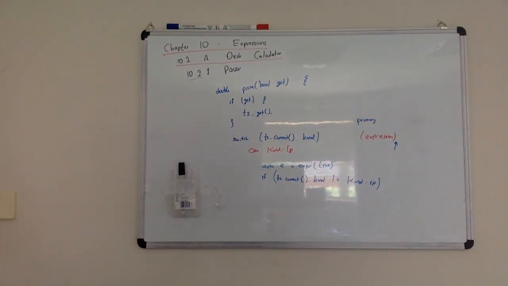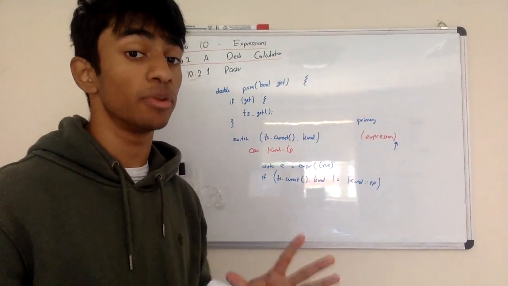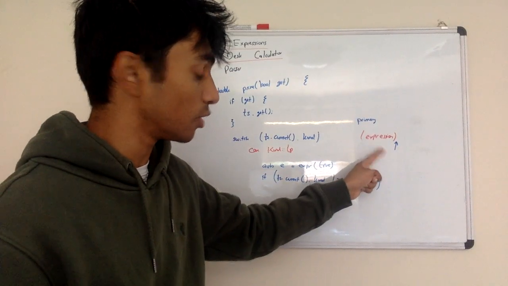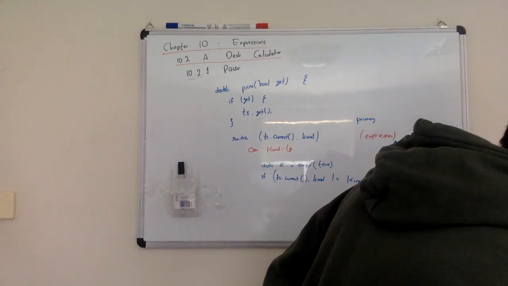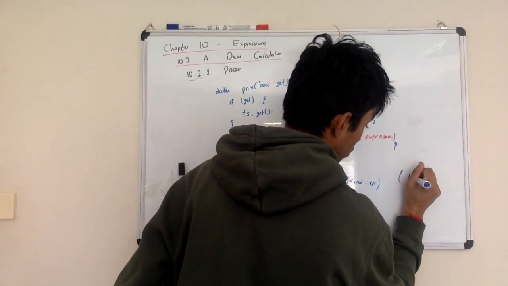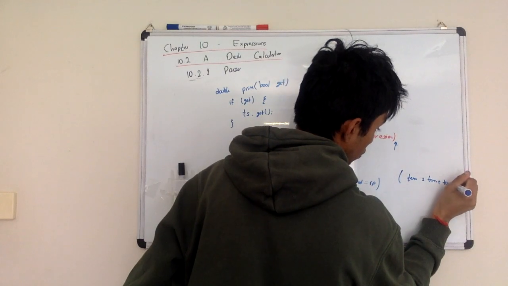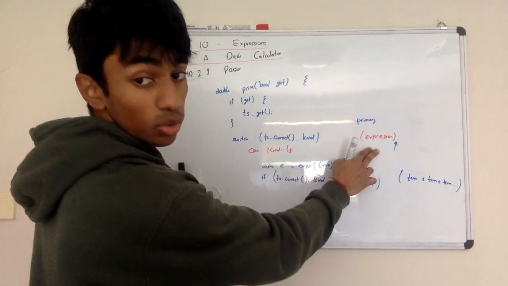Why? Because that's the only way it will be able to know to stop evaluating. It's going to be evaluating along here, because for example, I'll write this out properly. And, in brackets, we have basically term, plus or minus a term, plus or minus a term, and so on until the closing bracket. That's what this is going to look like, right?